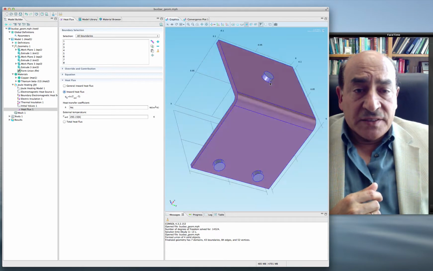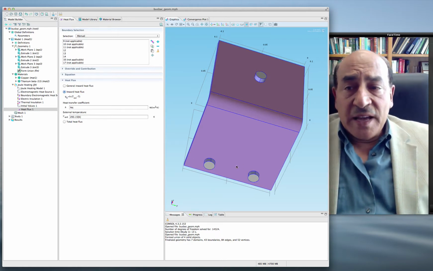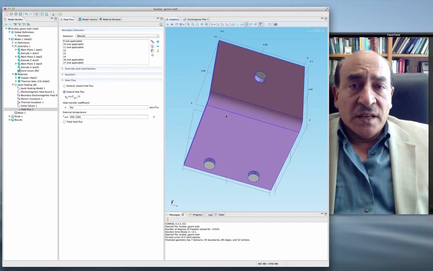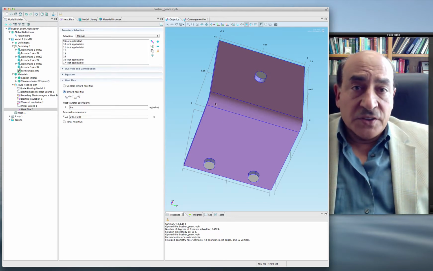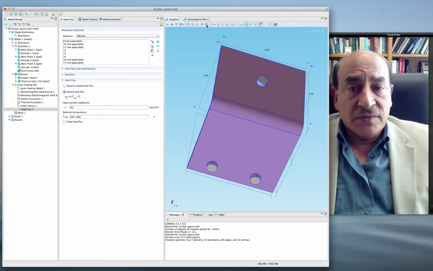To figure out where the bolts are going to be fastened, I come to this surface here, and if I right click, it will take it out. I go to this surface, right click, it will take it out, and the other surface also, right click, it will take it out. So these 3 surfaces will not be cooled by air and will revert back to the default condition of thermal insulation.